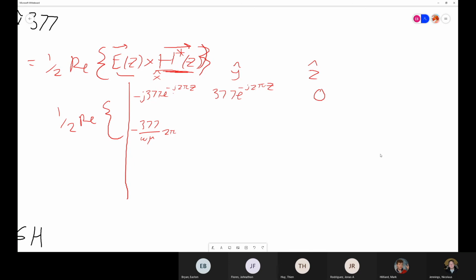So you just flip the sign on the angle of the phasor. So we have e to the plus j2 pi z, 377j. There's that 2 pi again, positive, and then 0 for the z component.